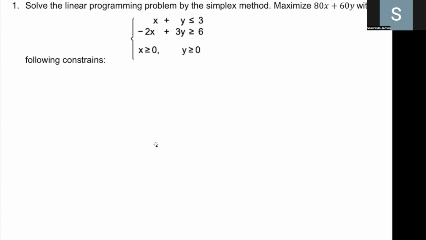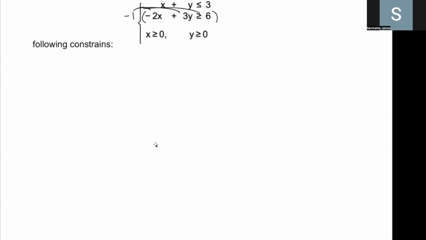And to flip this inequality, I can multiply my entire equation by a -1, and that should fix it for me. So I will take that equation, multiply the whole thing by -1. Don't forget to distribute it through. And my new constraints then will be x plus y is less than or equal to 3.